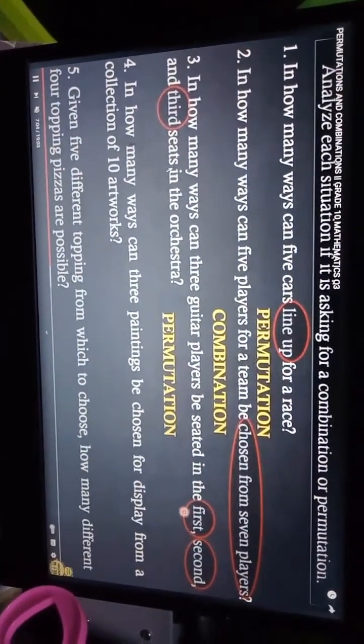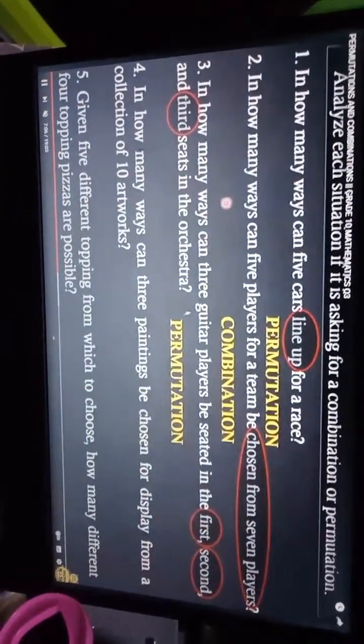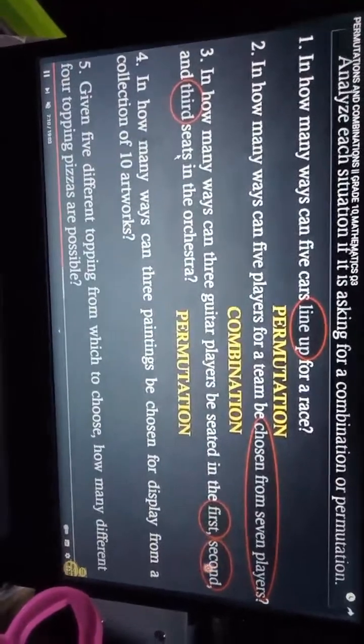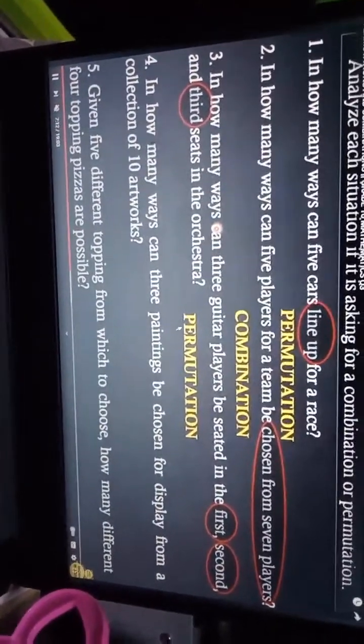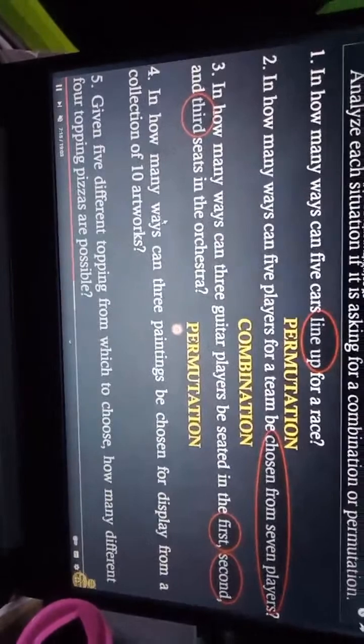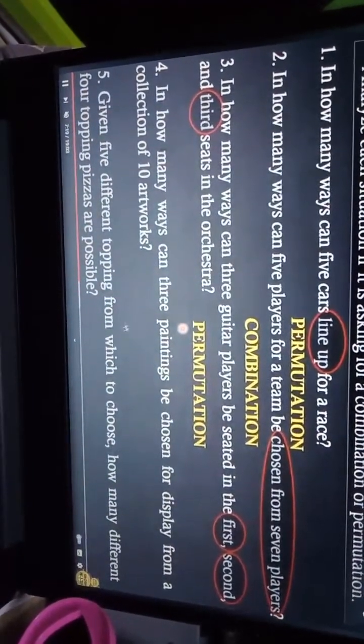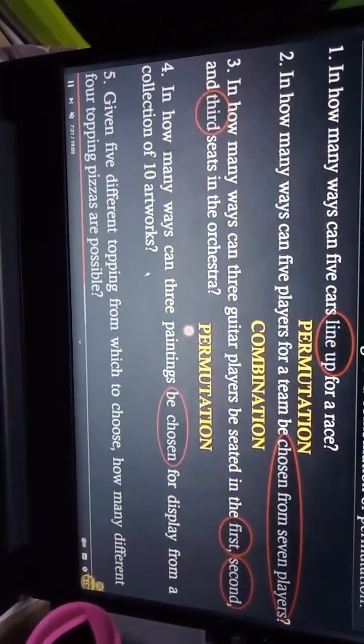Next, number 3, in how many ways can 3 guitar players be seated in the first, second? There is the so-called arrangement, or order. Therefore that is permutation. For number 4, in how many ways can 3 paintings be chosen to display from a collection of 10 artworks?